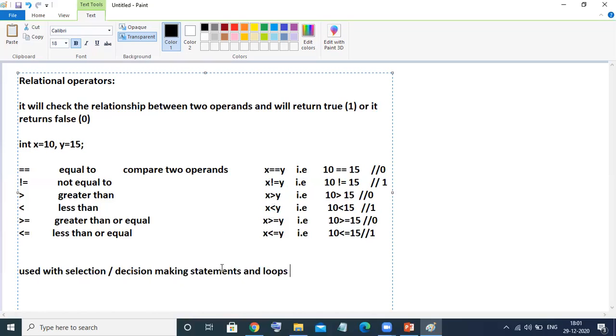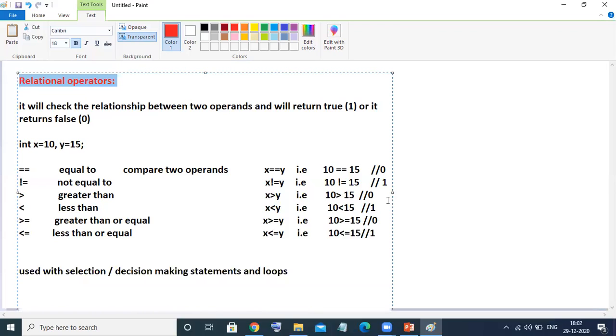In such cases, we use relational operators in our programming. So first of all, we will see one example on relational operators. Then we will come to the next topic, assignment operators, for better understanding.